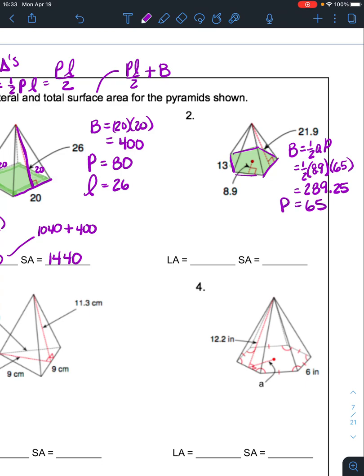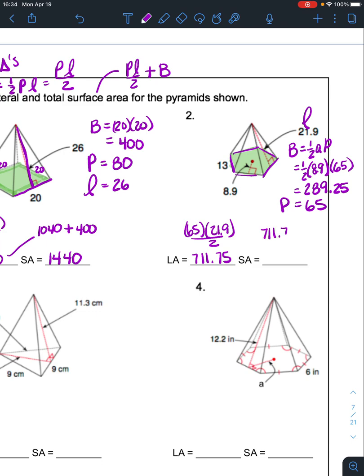We already found P. That was 13 times 5, so that's 65. And then your slant height is 21.9. That was given. So you take your lateral area, the perimeter of the base, times the slant height, over 2, because the formula says so. So 65 times 21.9 divided by 2 is 711.75.